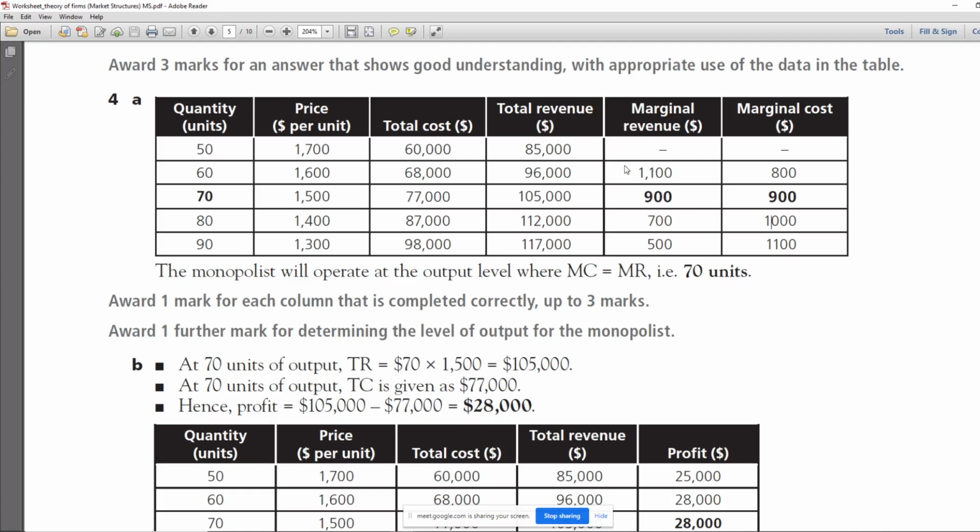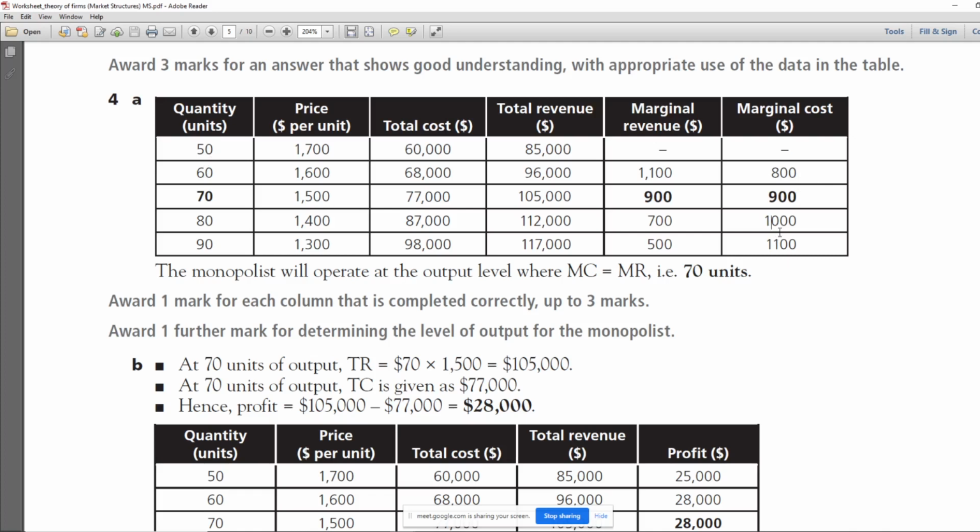Just use the change in total revenue over the change in quantity, then you will get the marginal revenue for a particular output, and also the marginal cost as well. So you just have to find the change in total cost over the change in quantity, then you will get the marginal cost. Okay, right?